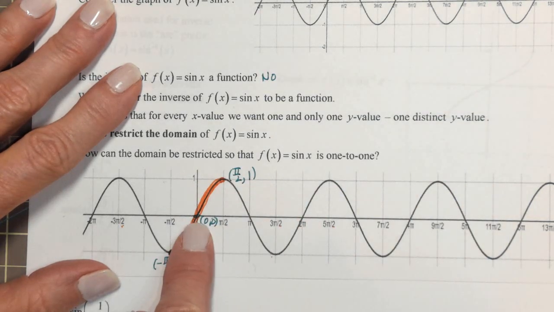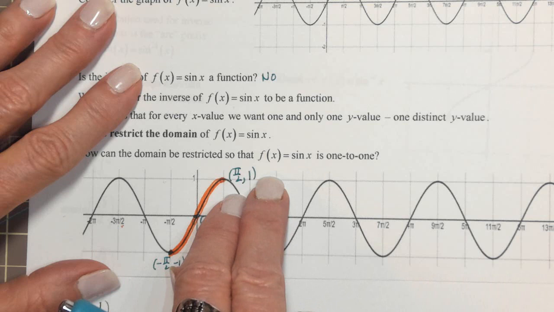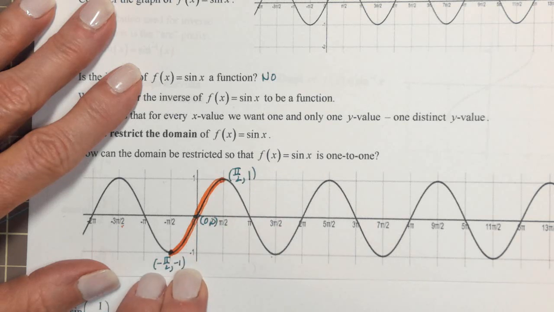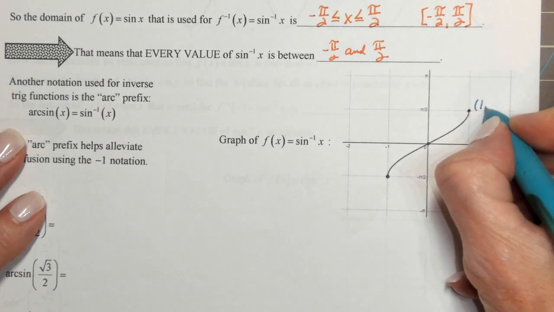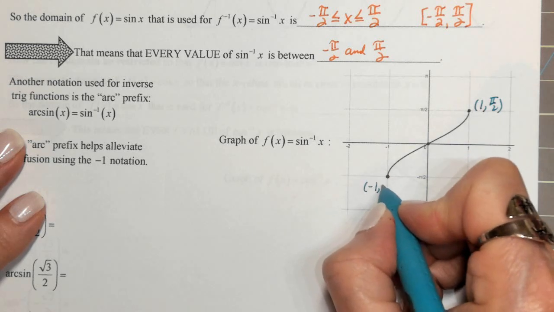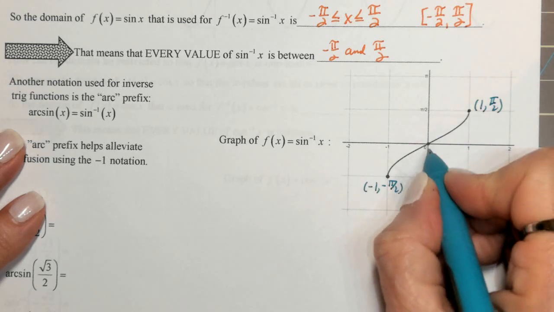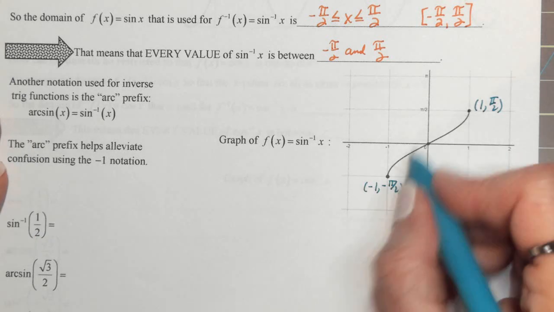So 0, 0 should still be on sine inverse. The point 1, pi over 2 will be on the graph of sine inverse. And the point negative 1, negative pi over 2, will be on the graph of sine inverse. And it is. This is the point 1, pi over 2. This is the point negative 1, negative pi over 2. And 0, 0 is still there. Okay, that's the graph of sine inverse.